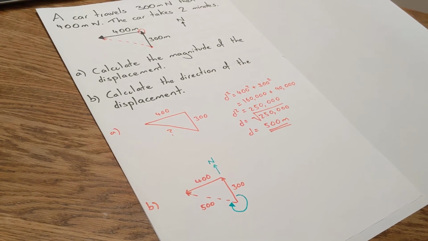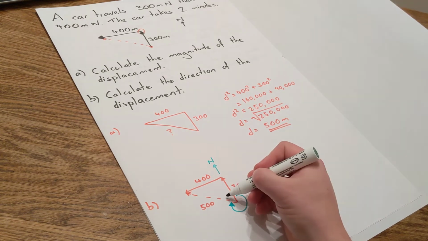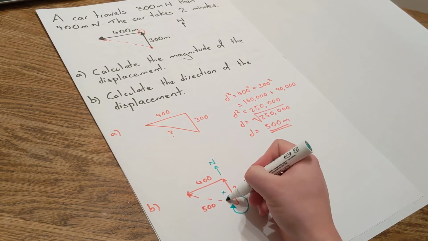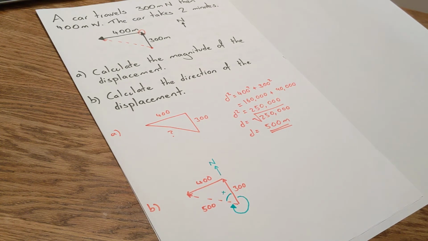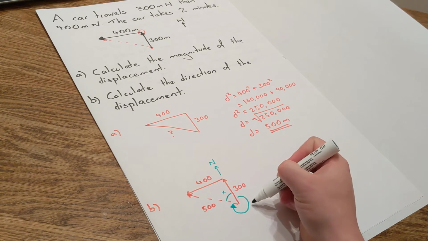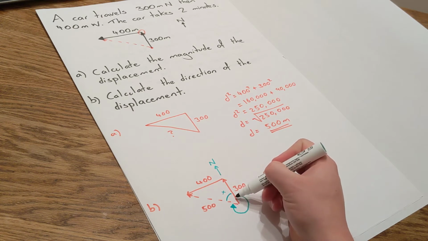Now, we need to come up with a way to work that out. So what we will do is, we'll look at this angle here. Let's call that x. We don't know what value this angle has. But we do know that if I start here and come all the way around, it would be 360 by the time I got back.